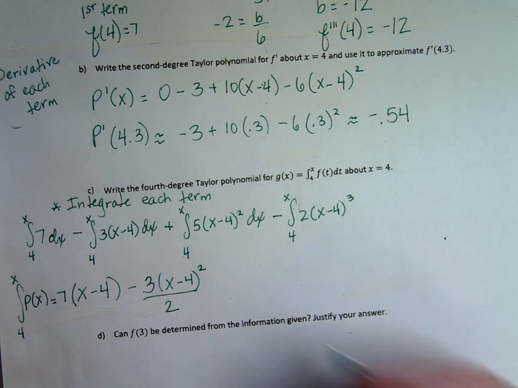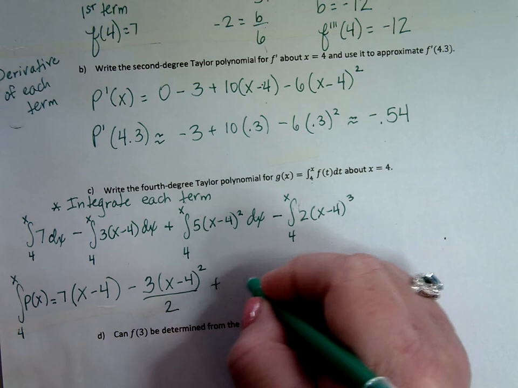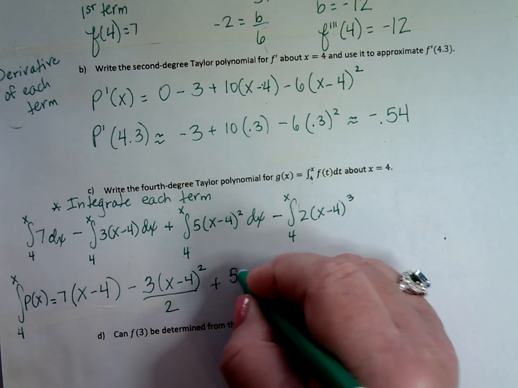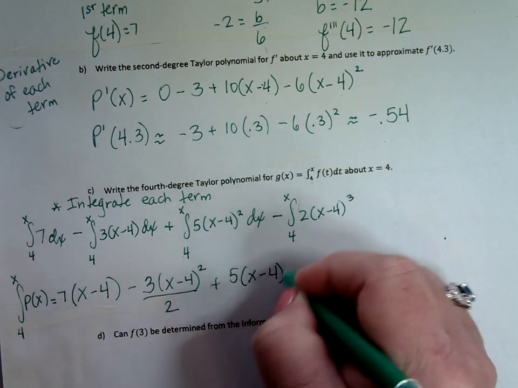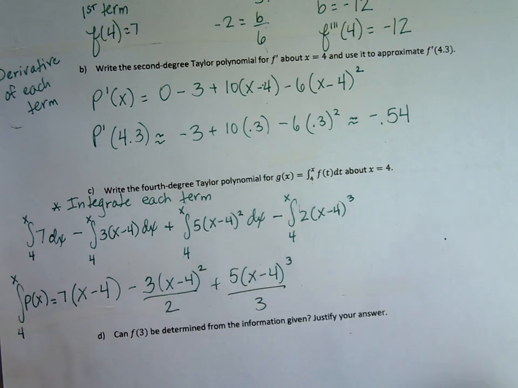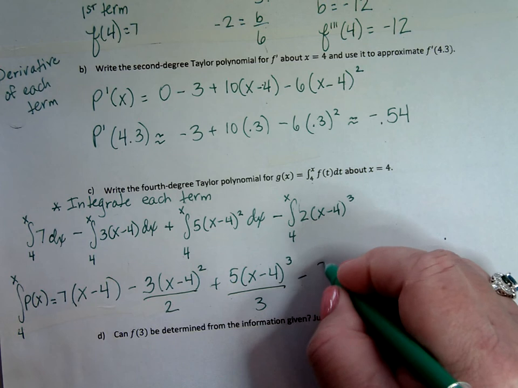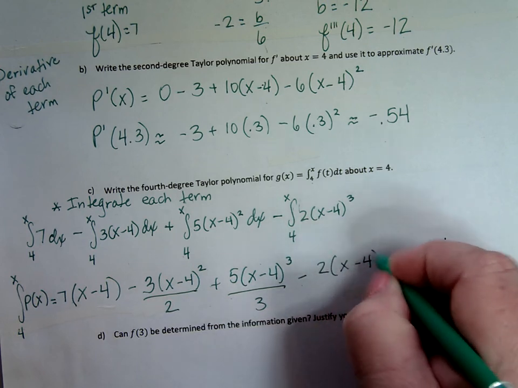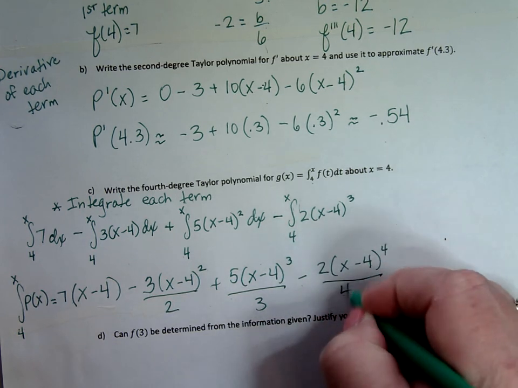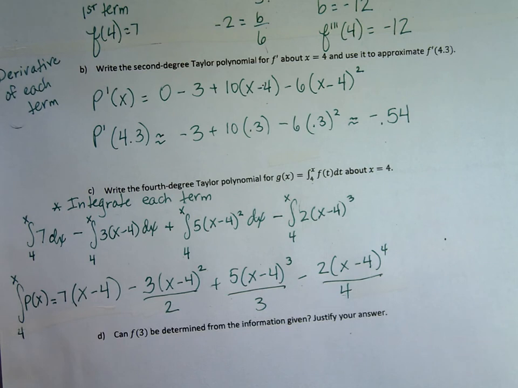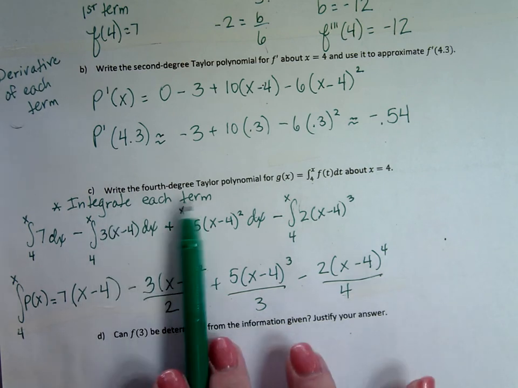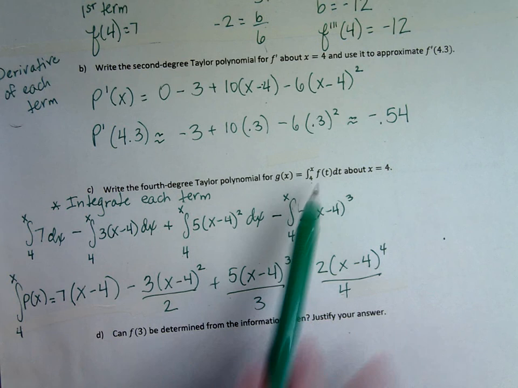You've got a 5. Take the group to one more power, divide by the power. Last one, treat it the same way. 2 times (x minus 4) to the 4th over 4. I guess you could call that 1/2, but there you go. So write a 4th degree Taylor polynomial for the integral of that function. And there you go. That's what it would look like.